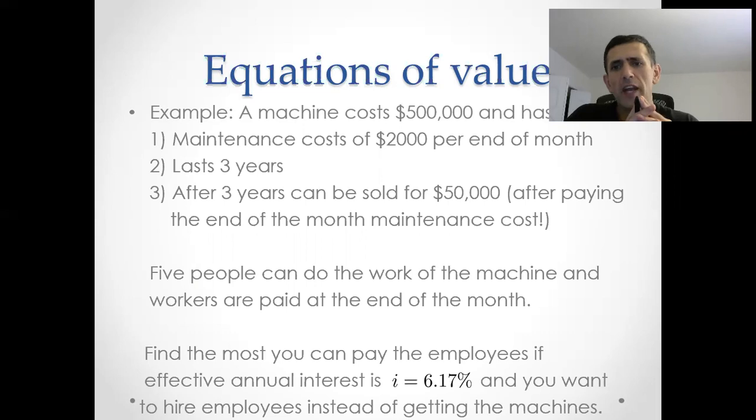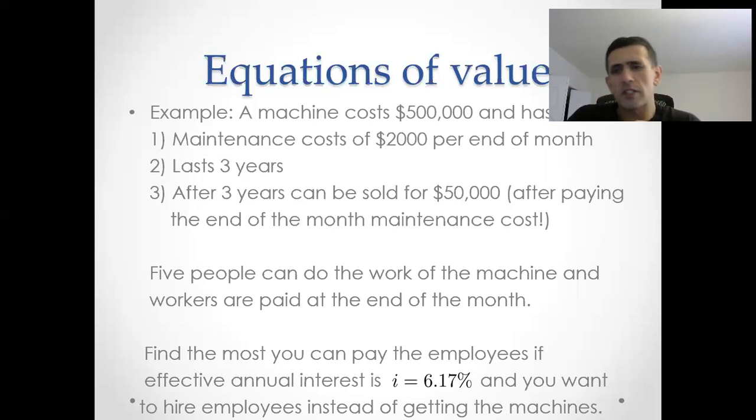If effective annual interest is 6.17%, and that's just to make the problem a little easier when you do calculations, then find the most you can pay the employees if you want to hire employees rather than getting the machine. Okay. So how am I going to do this problem?